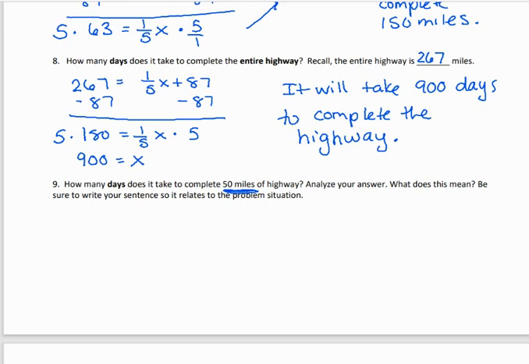And same deal, if you want to participate and put your answer into the chat, you can. And we'll give everyone a moment. Looks good, Layla.